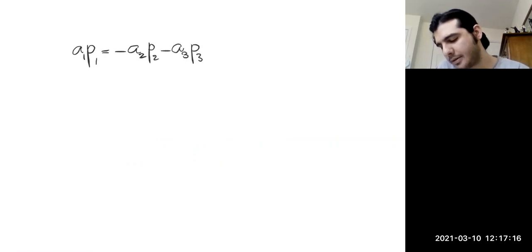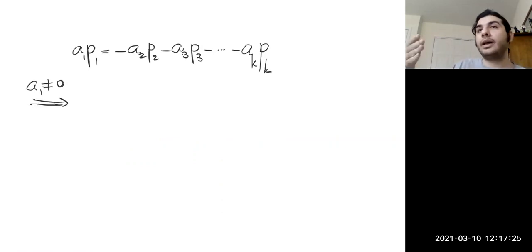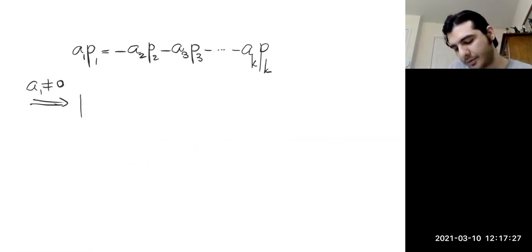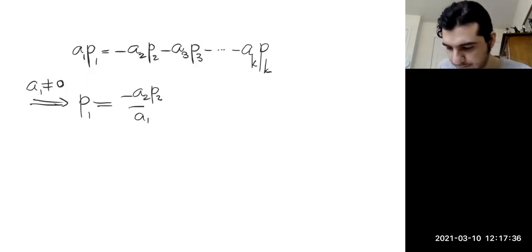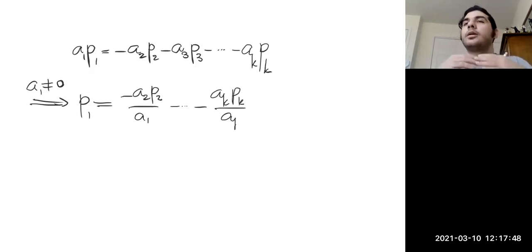So it means A1 P1 is equal to minus A2 P2, minus A3 P3, up to minus Ak Pk. Because A1 is non-zero, I can divide everything by A1, right? So if I divide both sides by A1, on the right-hand side, I would get minus A2 P2 over A1, etc. Now, what was the assumption?